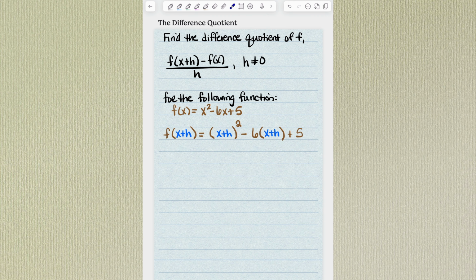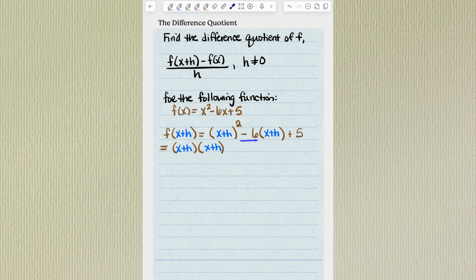Let's keep going. I write kind of big, so I'm just going to move my equal sign here. So we're going to square that. And then right here, we're going to do the distributive property. So we're going to take the minus 6 times the x and the minus 6 times the h.